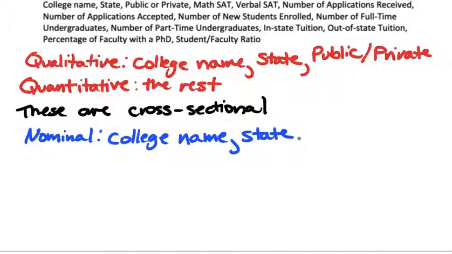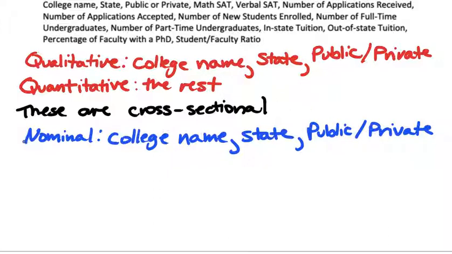And public or private would be nominal. None is inherently better or higher than the other. Even though they're coded with the numbers 1 and 2, there's no reason that private has 2 and public has 1. I could easily just switch those numbers around. So that would also be considered nominal.